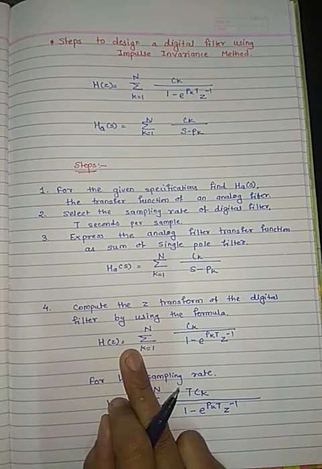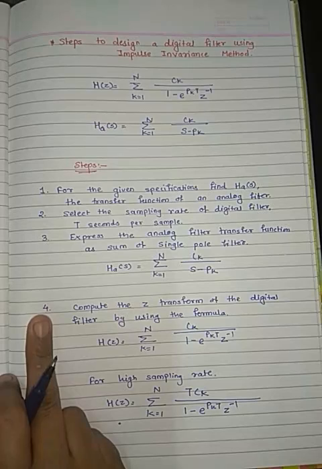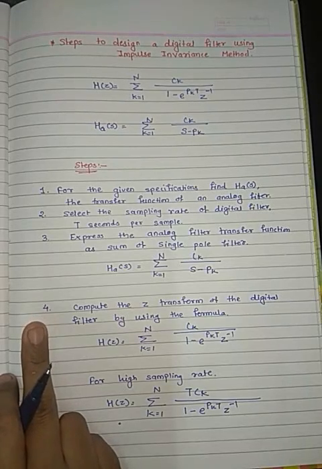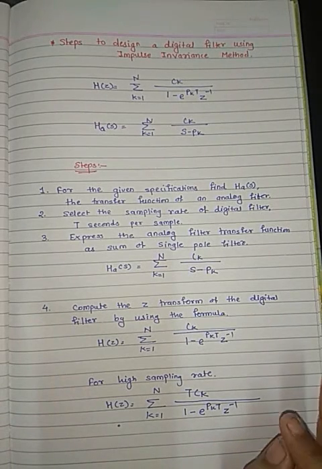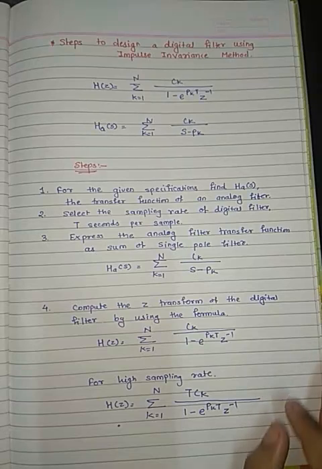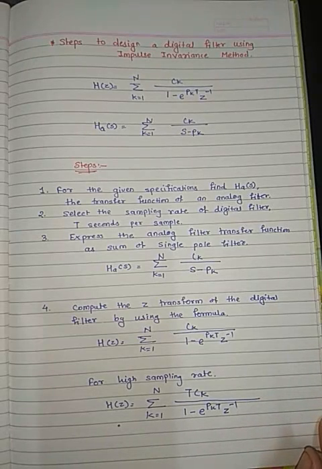So these are the different steps to design the digital filter using the impulse invariance method. Only 4 steps are included here. First, for a given specification, we find the transfer function of the analog filter. Then we choose the appropriate sampling rate of the digital filter.